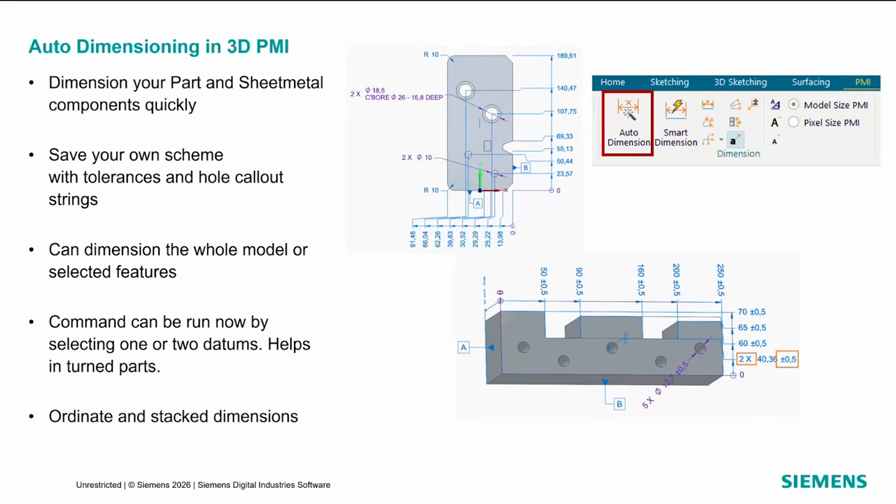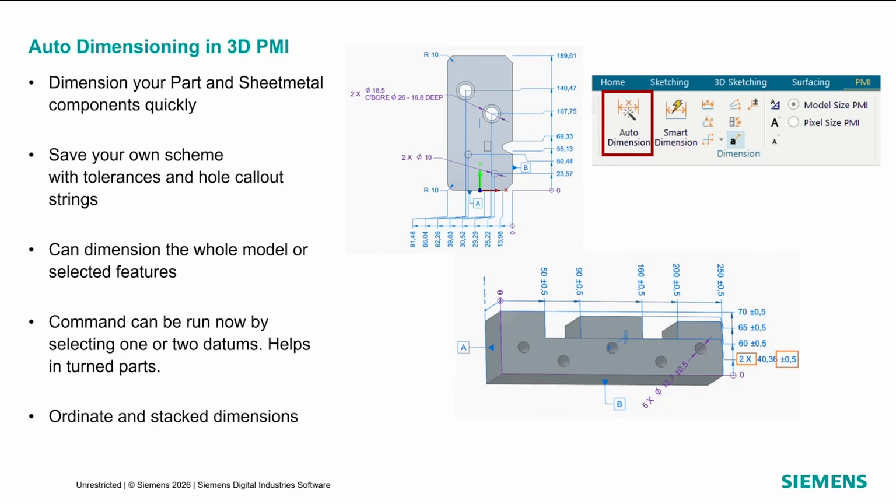We have auto dimensioning available for you for your model-based definition workflows inside Designcenter Solid Edge. We've had this since 2023, but every year it has gotten better and better. So again, with this command, you can dimension your parts and sheet metals automatically and quickly with your own tolerances and call out the strings.